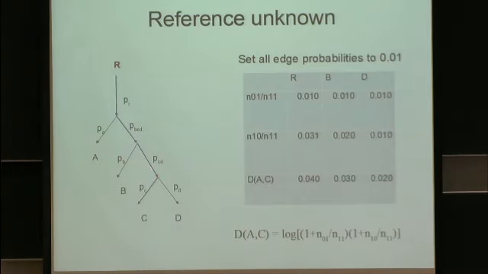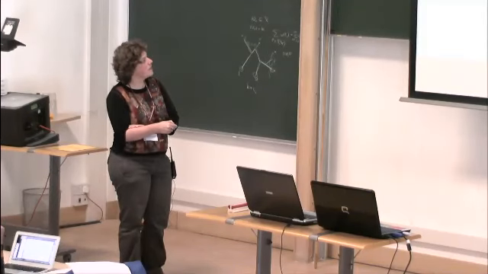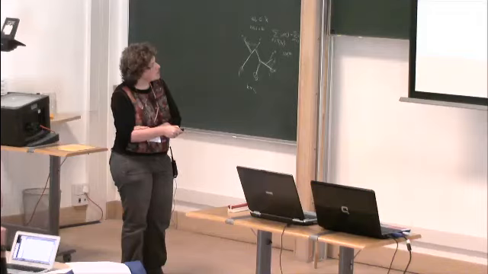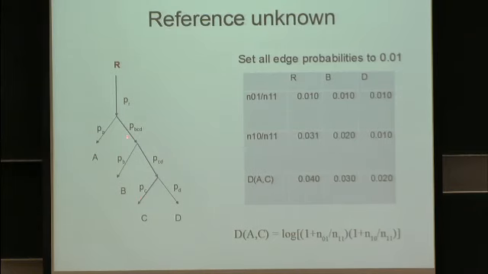But because we have this reference taxon that we've forgotten about, to get something that's present at C, it actually must be present at all of these internal nodes. So by treating D as a reference taxon when it's really not one, we lose any ability to measure this distance in the middle, so that drops out. What we're picking up is basically just this 0.02. We've lost our ability to measure this middle part of the distance; we're just measuring this bit and this bit.